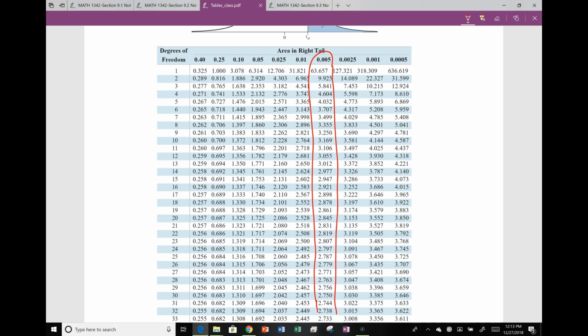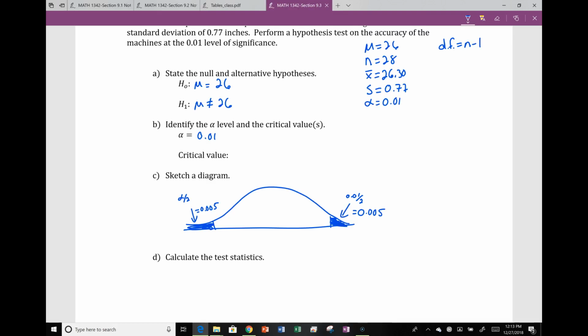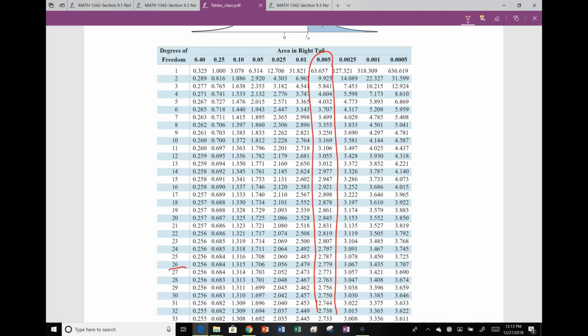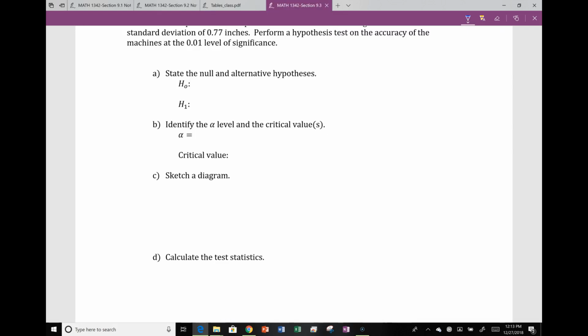Okay? Now, we had an N of 28, so our degrees of freedom is going to be 27. So we're going to look at the row with 27, and we're going to stay on this row the entire time. But where these intersect is going to be my critical value, 2.771.